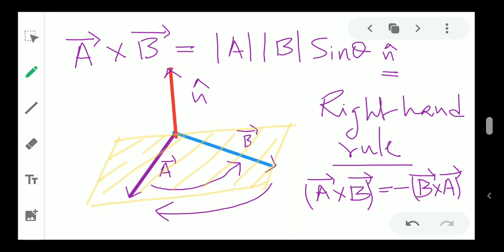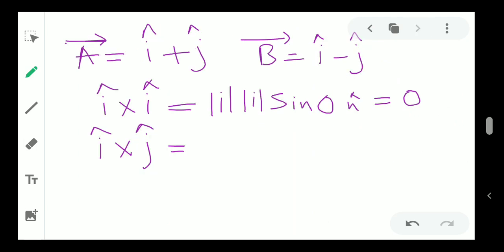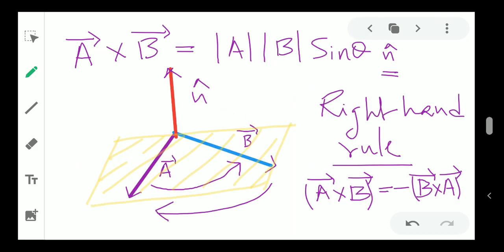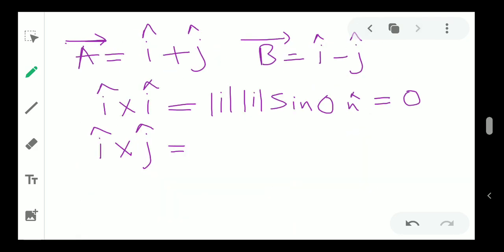So you cannot say that the cross product is confined to two dimensions. Automatically your k cap, that means the z direction, is coming here, right? Even if I don't write any z component, a cross b will involve a direction along z, that is k cap. So i, j, k are all necessary in case of the cross product.